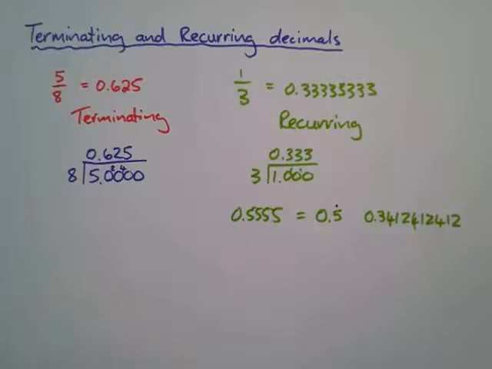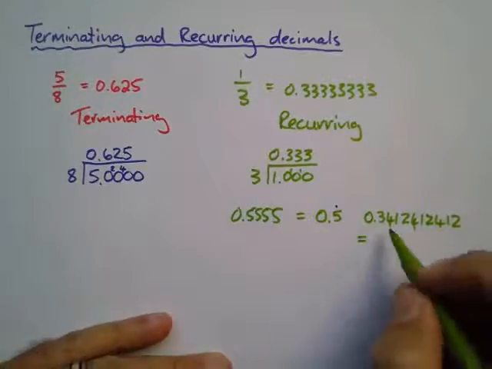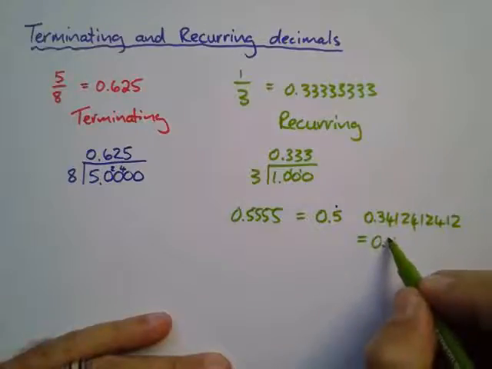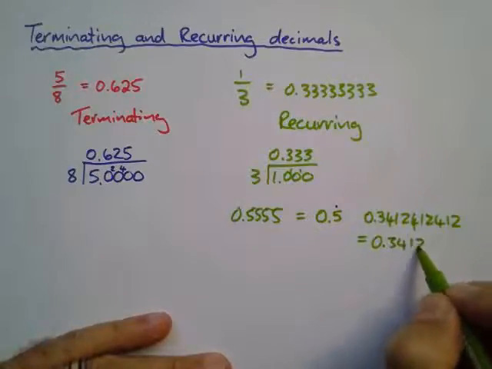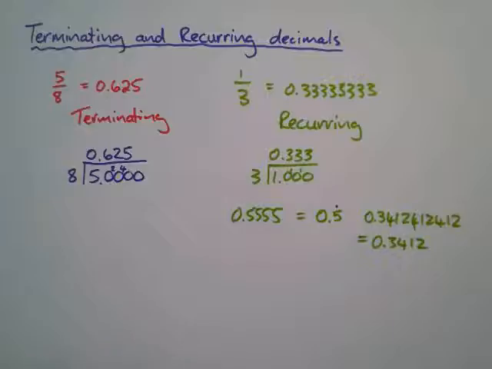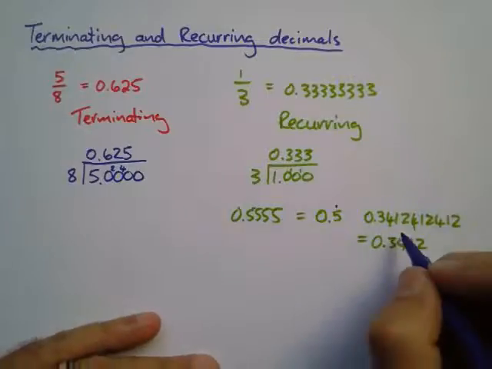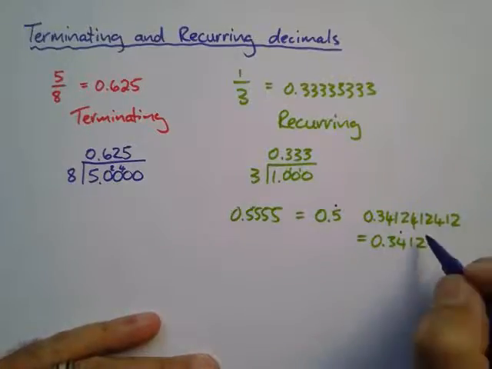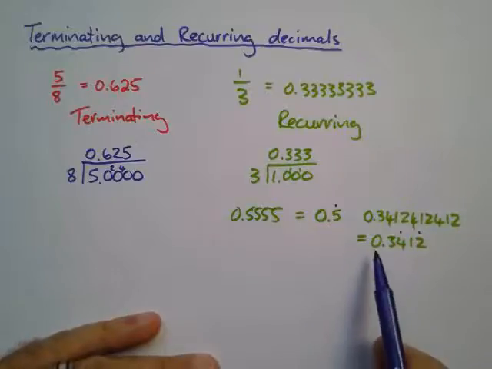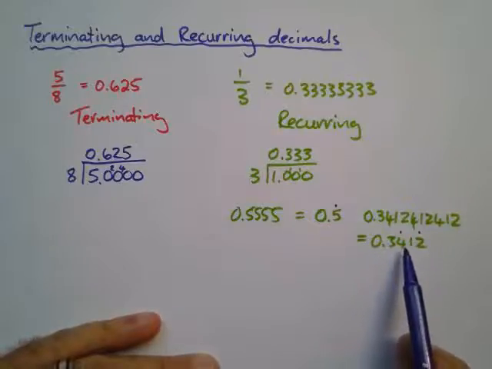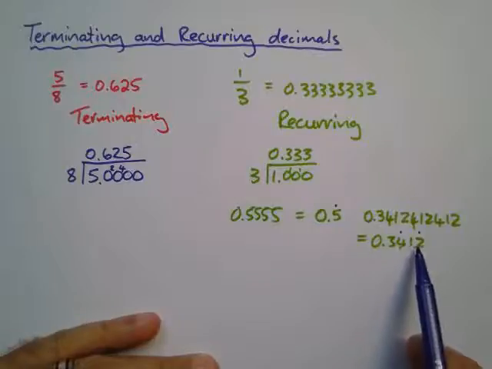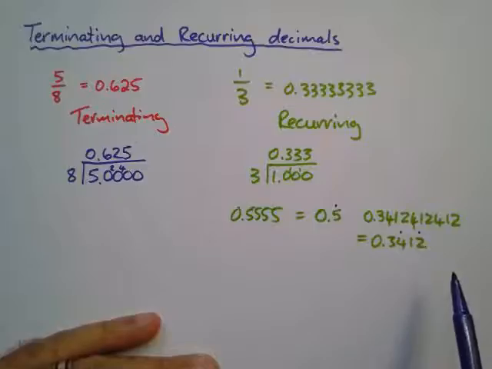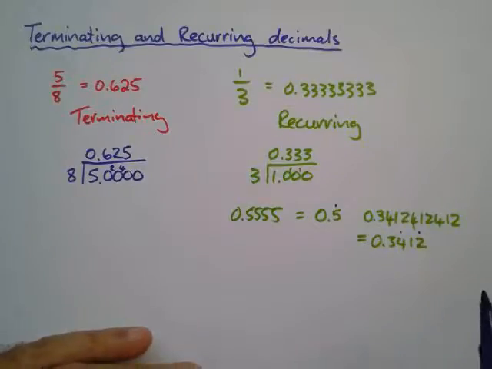So if I want to write that as a recurring value, I'll say that equals 0.3412, and I put a dot on the first value in the sequence and the last one in the sequence. So it means this is 0.3, and from 412 we'll repeat from 4 ending to 2 again and again and again. So that is one way of doing it.